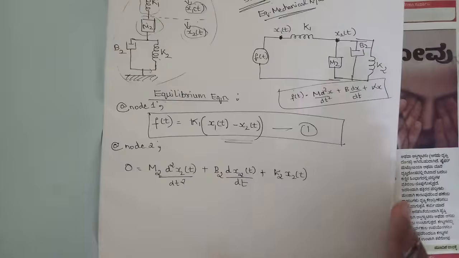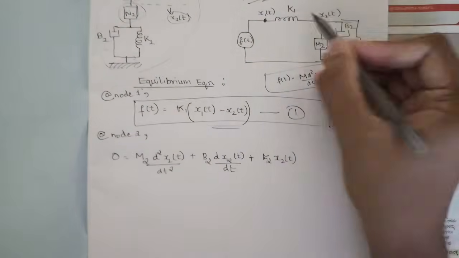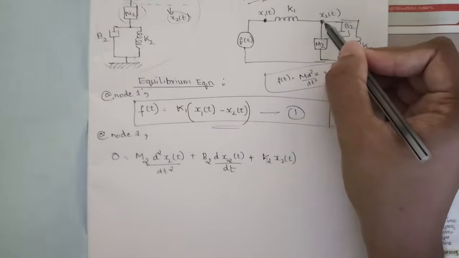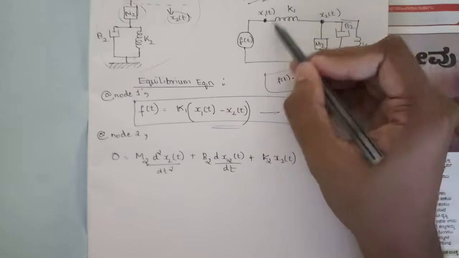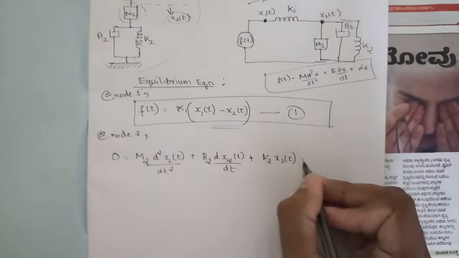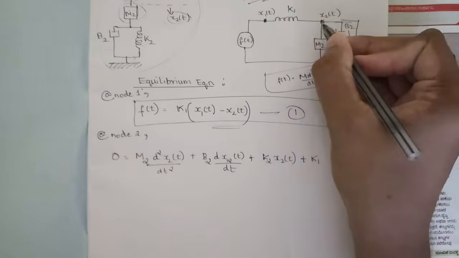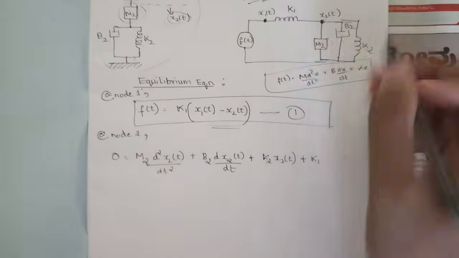So now we would be thinking that this is the end of the equation. No, here we can see that this k1 also is attached to this node, right. So we know that this k1 corresponds to x1 of t as well as x2 of t. So we need to write k1 because this is attached to this node also.